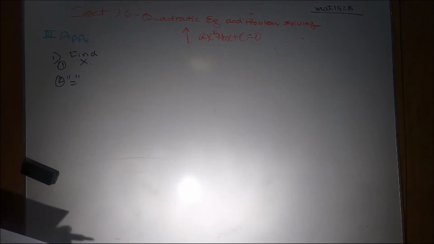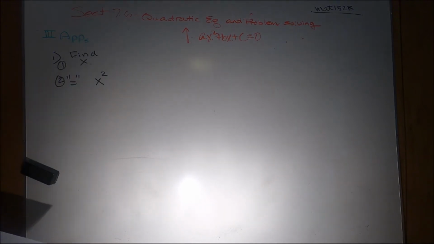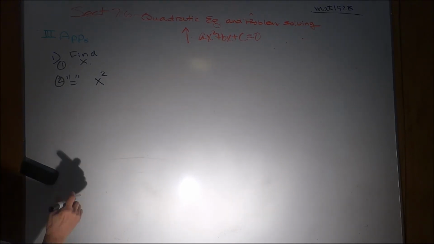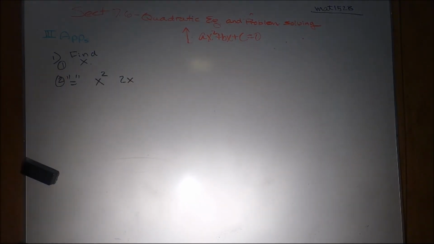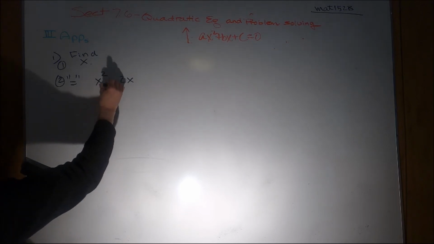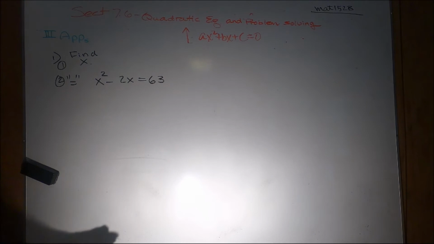It says the square of a number. So you square this number, right? Then minus twice the number. So twice the number is what? The number, take it twice. Then you minus it, it is what? 63. That's how you write your equation.